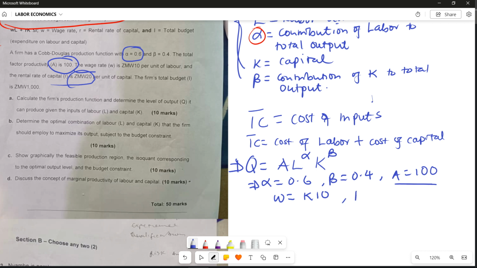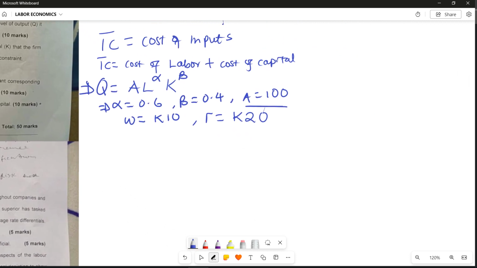So the rental rate of capital R is 20 kwacha per unit of capital. Now let me explain what's going on. What's going on is that, yes, this firm wants to maximize output, yeah, but you cannot just maximize output without dealing with the cost side.